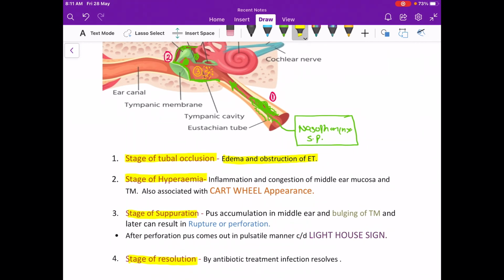In the stage of hyperemia we see inflammation and congestion of the middle ear mucosa and also the tympanic membrane, as we can see in the diagram. The most important sign seen in this stage is the cartwheel appearance, the cartwheel sign. What is the cartwheel sign? Due to dilation of the vessels in the middle ear, when we see the tympanic membrane through the external ear, it appears like a cartwheel.